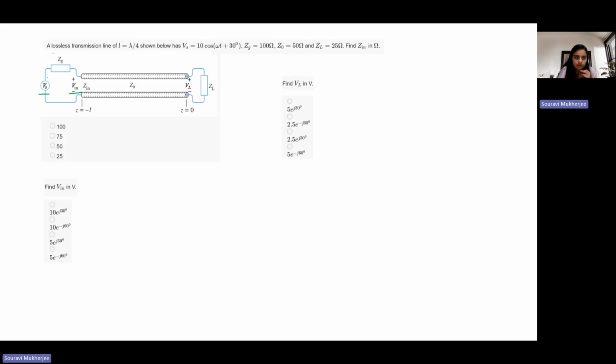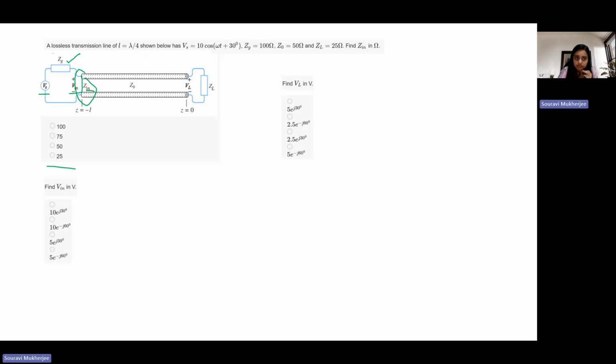Now what do you have between the source and this point? There is some impedance here, and there is some impedance coming from the transmission line. Now we know that impedance. The impedance at this end is nothing but Z in, which comes from this part of your question.